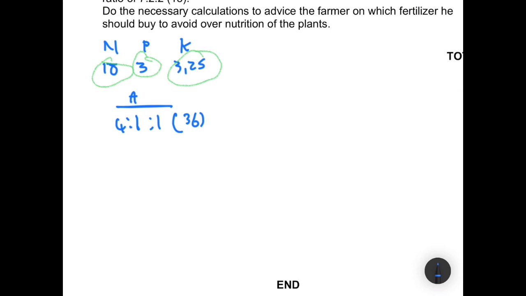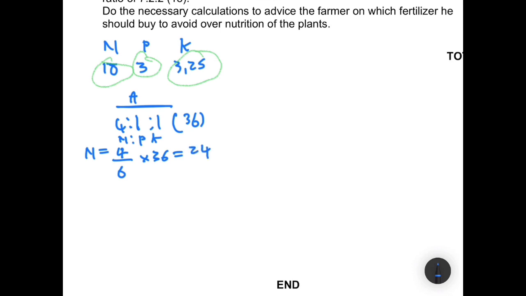So if we want to find the kgs of nitrogen, we're going to have 4 divided by 6, the total of the ratio numbers, multiplied by 36, and that will give us the mass of nitrogen in that fertilizer. So 4 divided by 6 multiplied by 36 is 24.